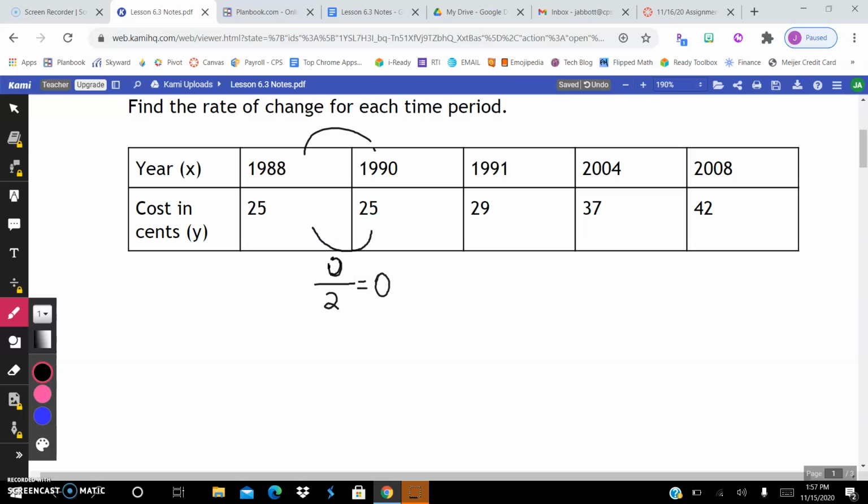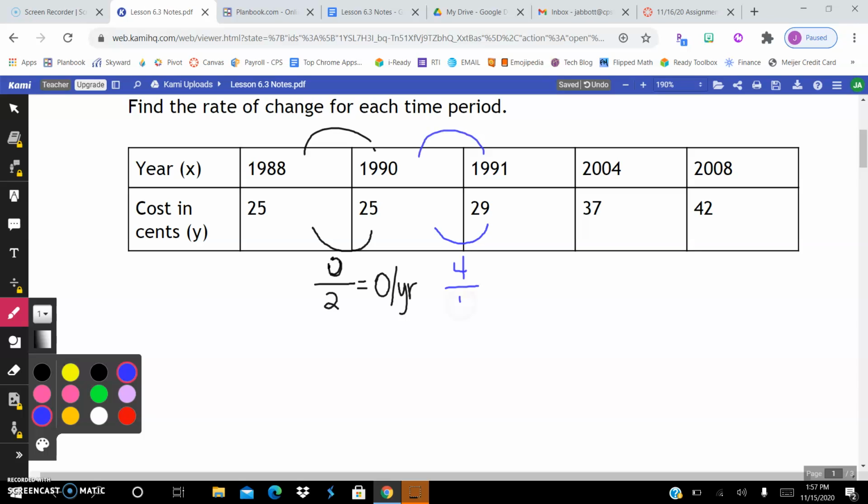So this change was 0 per year. Then we're going to look at the next set. This is a change of 4. And in years, that is 1 year. So 4 divided by 1 is 4 per year. And cost in cents, so that's 4 cents per year.